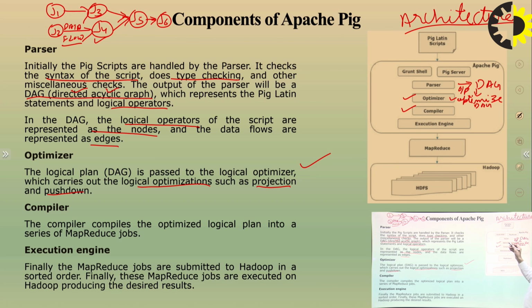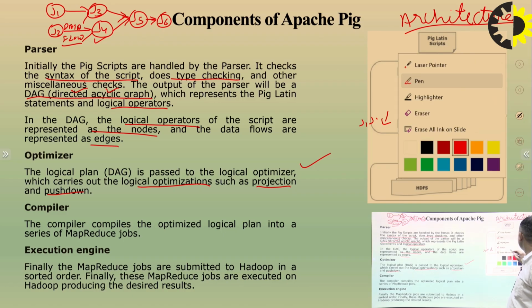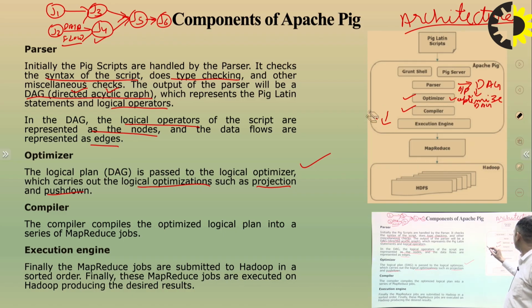Then the optimizer to optimize this directed acyclic graph, and the compiler to compile and generate a series of map reduce jobs. So the output will be map reduce jobs. So these jobs will be the output of this compiler.